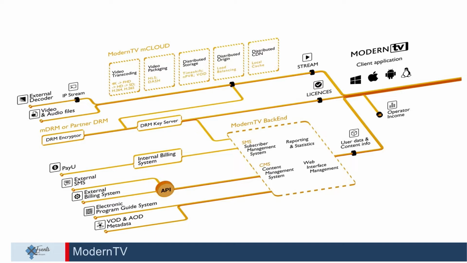There's also client applications on different platforms, DRM encryption also included, and we have a widely developed, very detailed ModernTV backend, which is then managing our subscribers, managing our content, and giving us reporting and statistics.